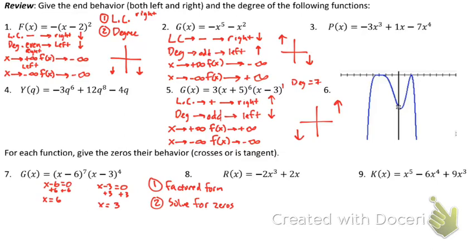Once we have our roots, we want to answer this simple question. When we graph these roots, is our graph tangent or does it cross? Okay, so I like to call this, does it slash?